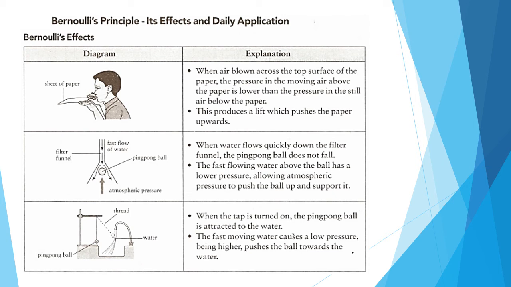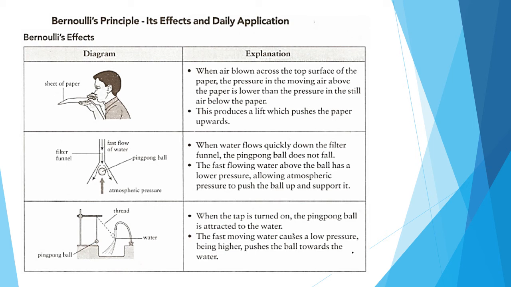Third one, when the tap is turned on, the ping pong ball is attracted to the water. Actually, the ping pong ball is hanging, right? But when the water flows, the ping pong ball will be attracted to the water. Why? Because the faster moving water causes low pressure.